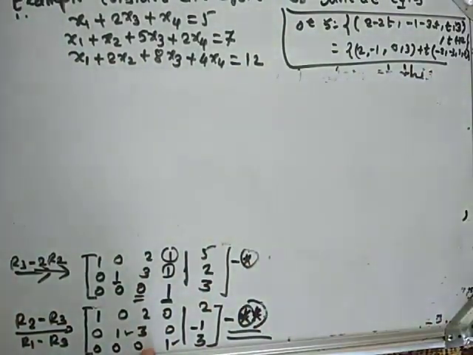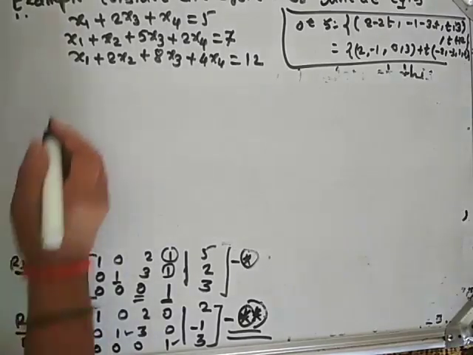This is our reduced row echelon form of the augmented matrix AB.